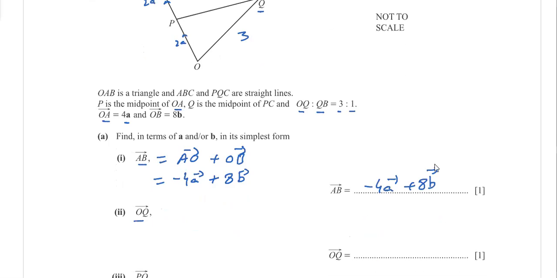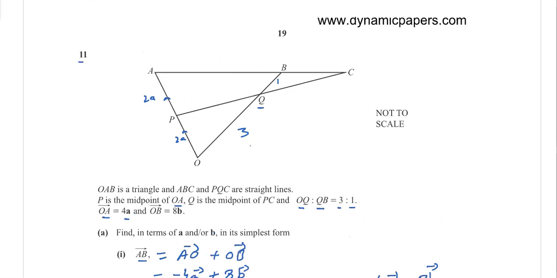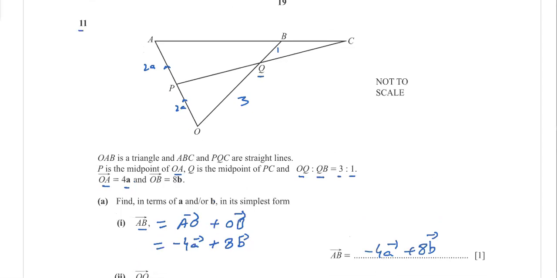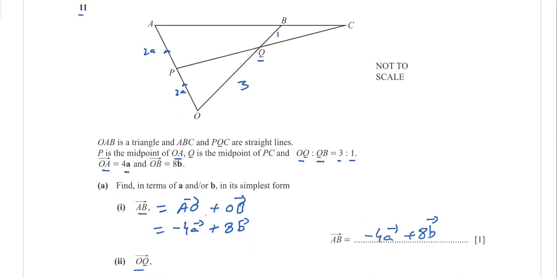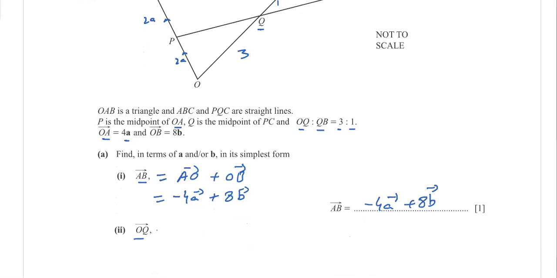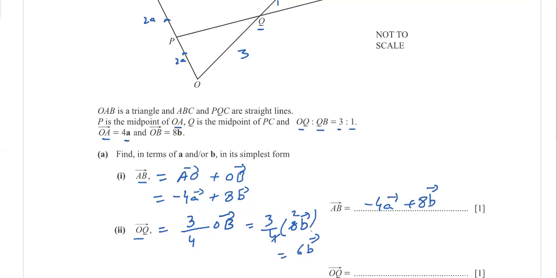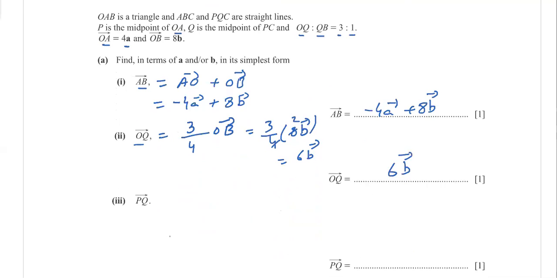Next we have to find OQ. For finding OQ, we can use the ratio rule. The ratio of OQ, which is 3, over the sum of ratios, 3 plus 1 is 4, times the vector OB. So that will be 3 over 4 times 8B, which will be 6B. So we found OQ as 6B. And next, PQ.